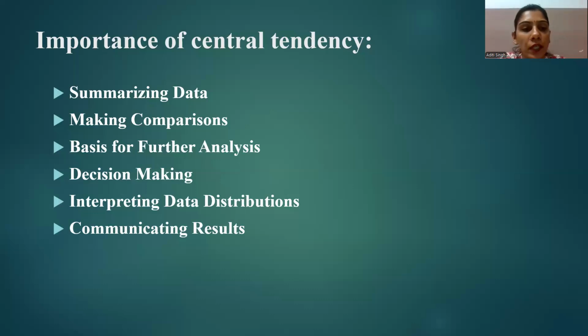Next is decision making. Central tendency helps in the decision making process, and let's understand with an example. In business, knowing the average customer satisfaction rating can influence the marketing strategies of a product. In the healthcare sector, if we understand the average recovery time for a specific treatment, it can aid in patient care planning and resource allocation.